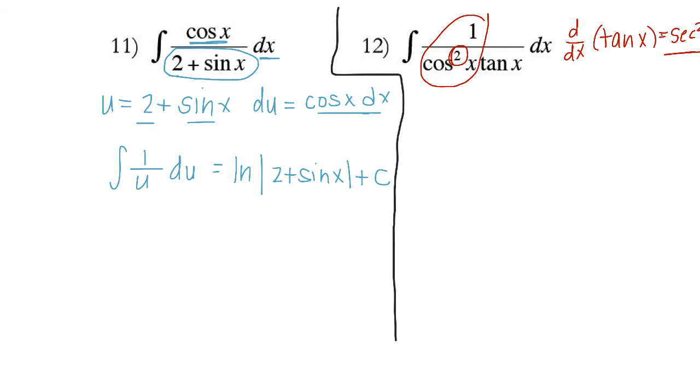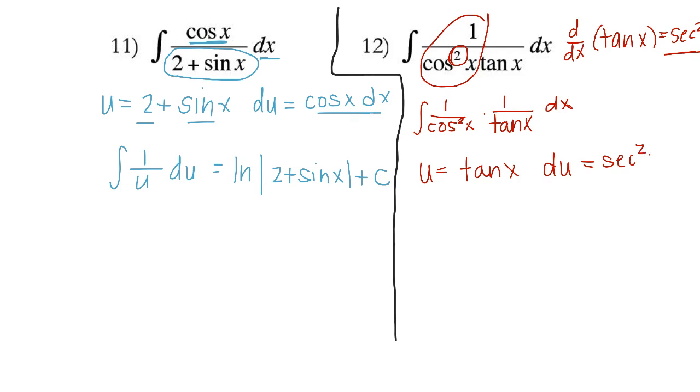So in looking at this, I would go ahead and divide it up. And so we have 1 over cosine squared x times 1 over tangent x dx. And then go ahead and let u be equal to tangent x. And so du is going to be secant squared x dx. All of this will take care of that 1 over cosine squared.